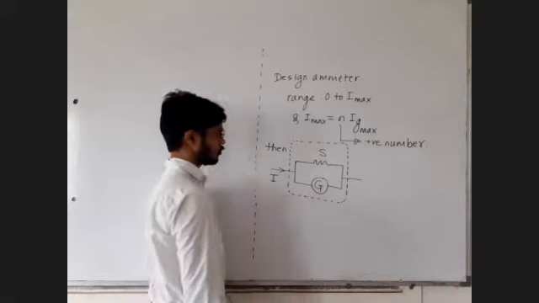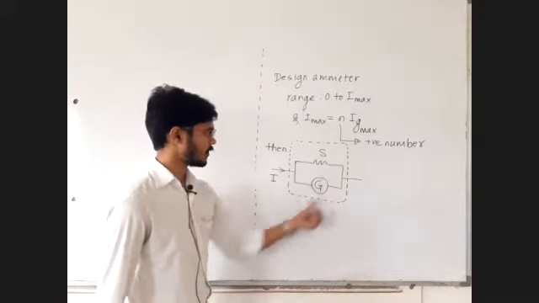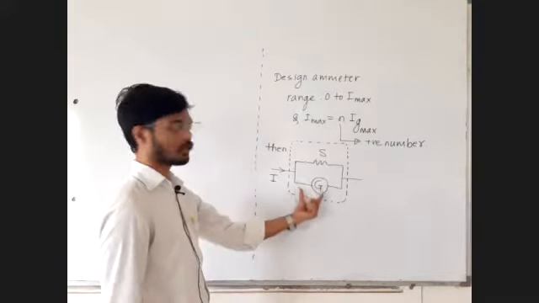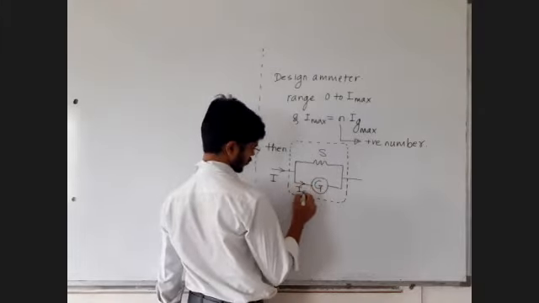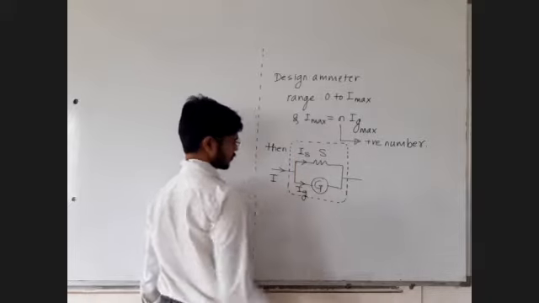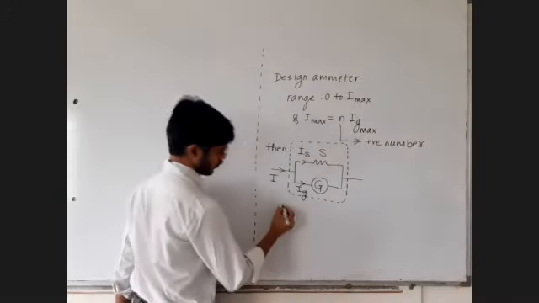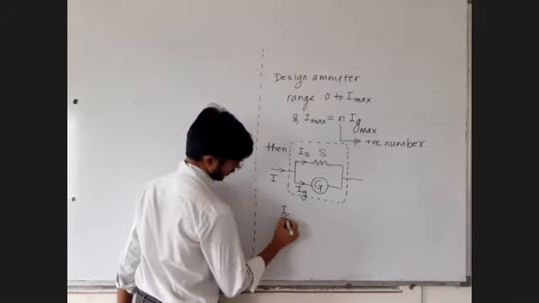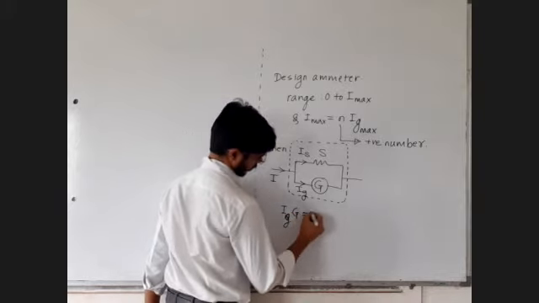So now we have converted this galvanometer into an ammeter. Here the current will be Ig, here Is. So we can write Ig into G is equal to Is into S.